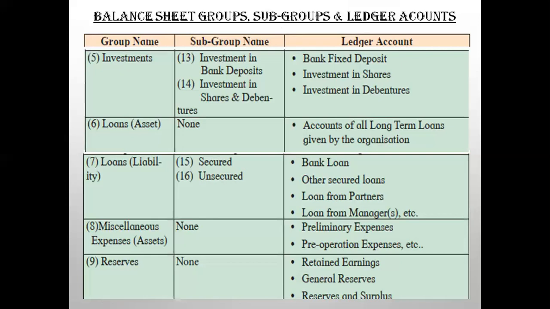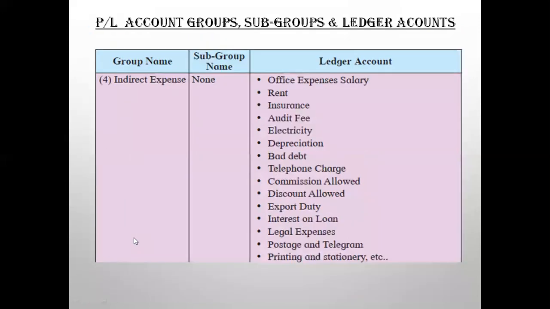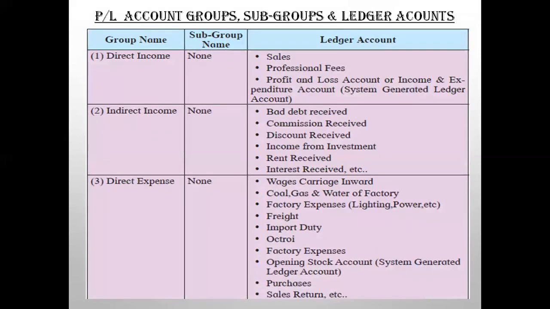Next, let's see the profit and loss account groups, subgroups and ledger accounts. In the profit and loss, you come across these main heads: the purchases, sales also are there, the direct and indirect income and the direct and indirect expenses. These are the main heads under the profit and loss statement.